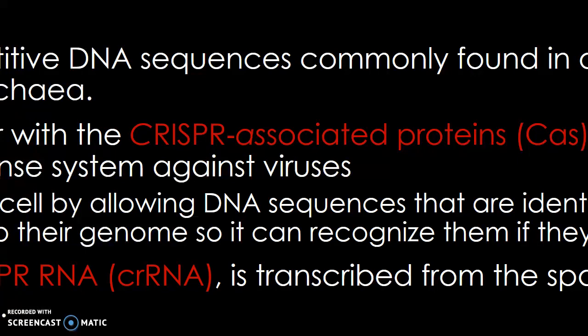So RNA, called CRISPR RNA or crRNA, is transcribed from the spacer sequences at the CRISPR locus. We'll look at a picture of this next. The crRNA directs the Cas proteins in the bacteria or archaea to identify the foreign invading sequences and cleave or cut it so that it's able to kill that foreign invader. So this is an adaptive immunity mechanism that is in the bacteria and archaea.